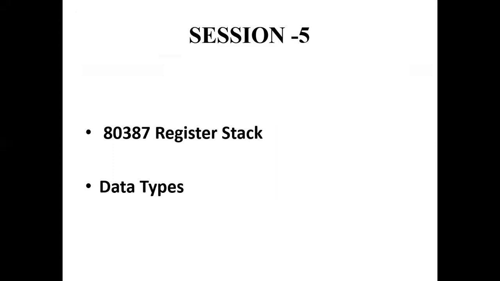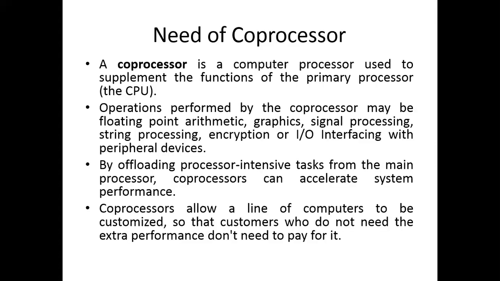In the internal architecture, we have seen how the coprocessor is connected with the main processor, and in the register, we have discussed all the bits and the condition codes, that is C0 to C3, and we have elaborated it with respect to all the bits. In today's session, we will be discussing the register stack and the data types.